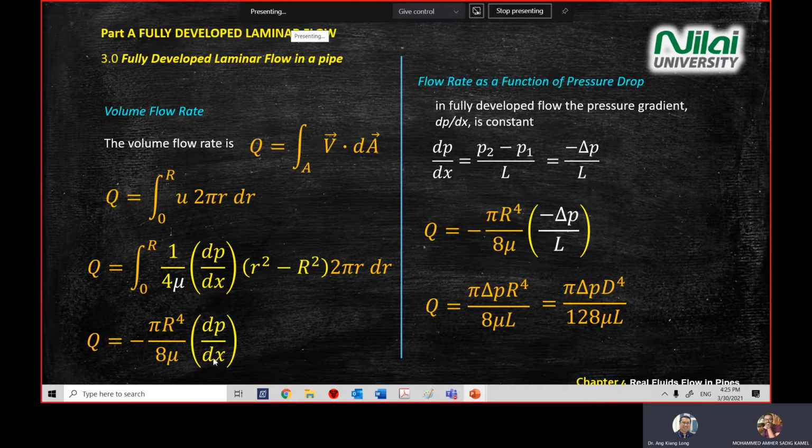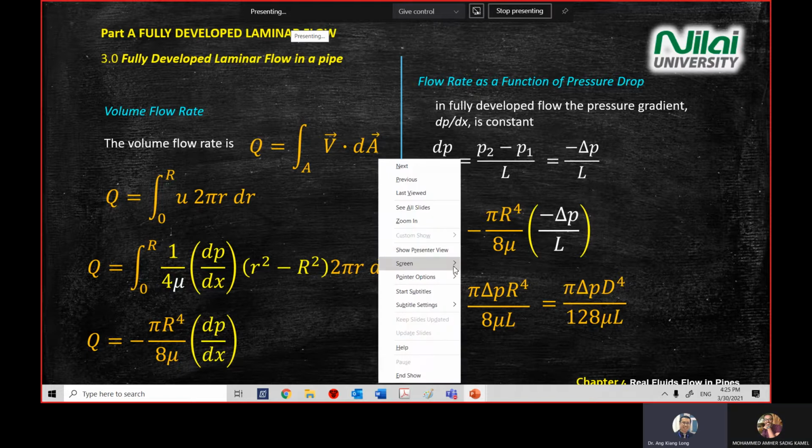Yeah. So if you have an equation P equal to something x plus something, it means your pressure is in terms of an equation. Then you can do differential. You do differential, then you use the left hand side equation. You understand? Okay.